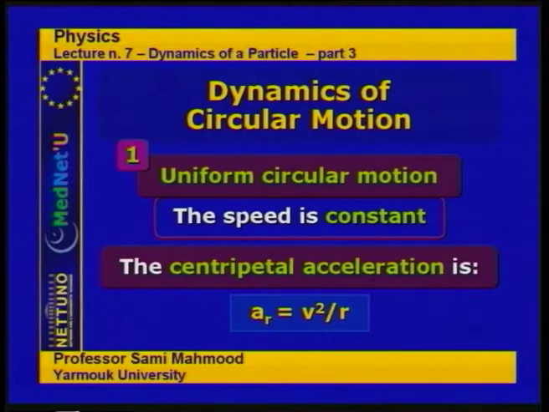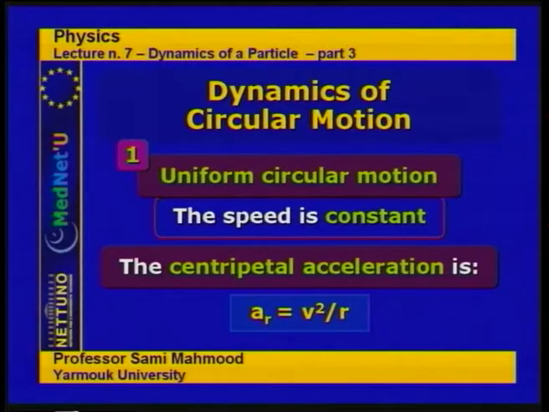What about the magnitude? The magnitude of the acceleration can be calculated in different ways. We will not involve ourselves in calculating this acceleration. It is to be known for the time being that this centripetal acceleration, which we call a sub r, to imply that it is radially directed, is directed radially inward along the radius of the circle.